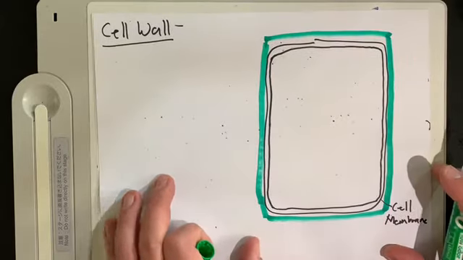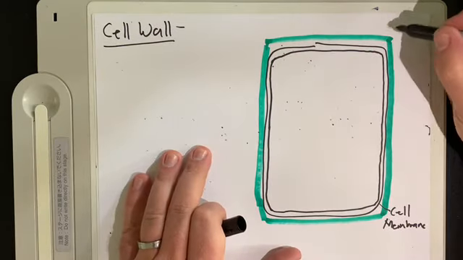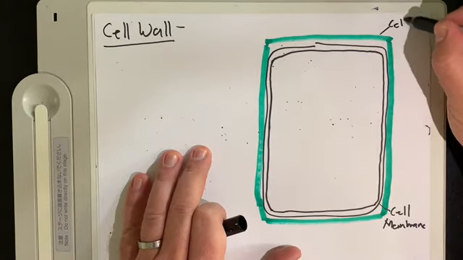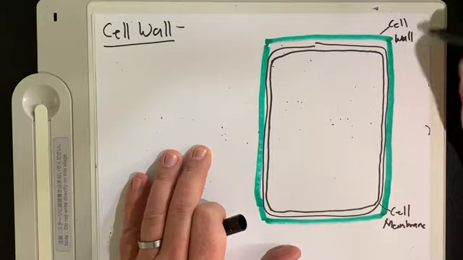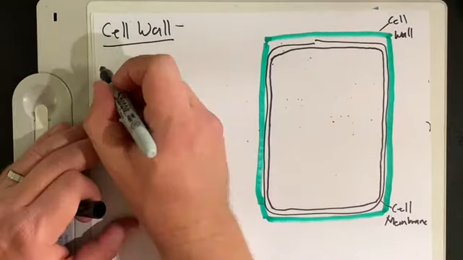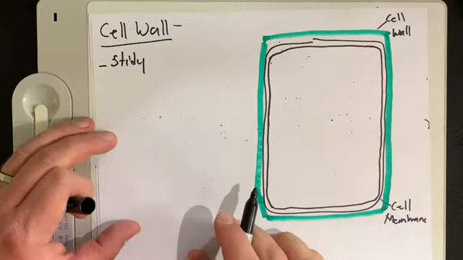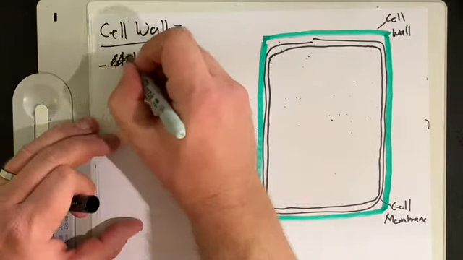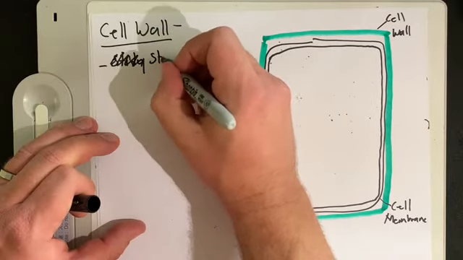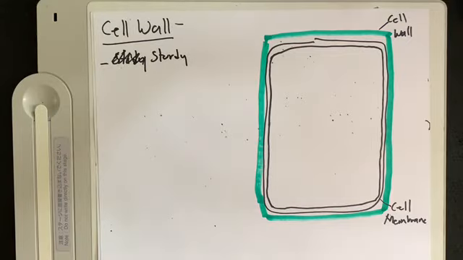And once again, plants are going to be square or rectangle because of this cell wall. And the reason for that is because this cell wall is actually pretty sturdy. All right, so it's strong.